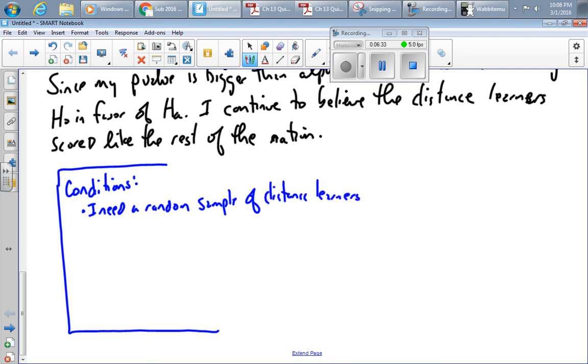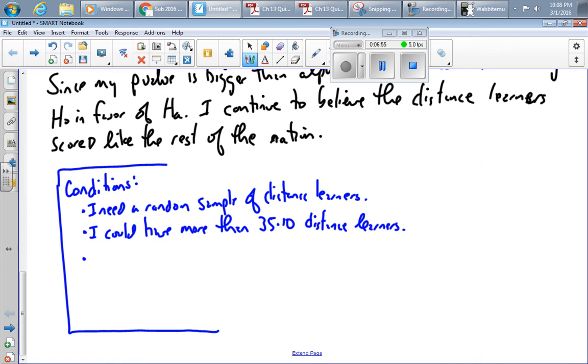In other words, if we just put all of our best and brightest on the distance learning, I would kind of expect that to affect their scores. Secondly, I could have more than 35 times 10 distance learners.